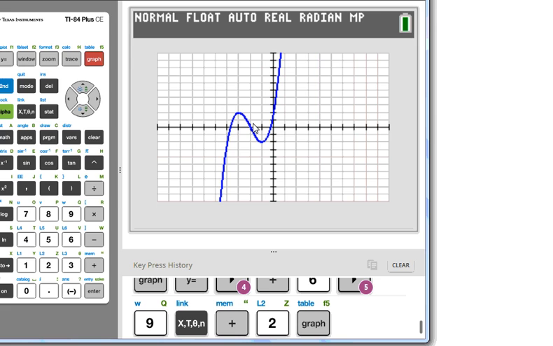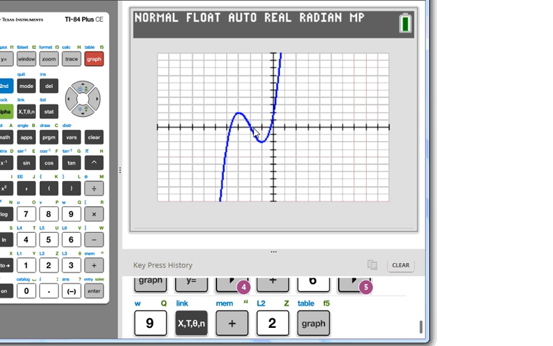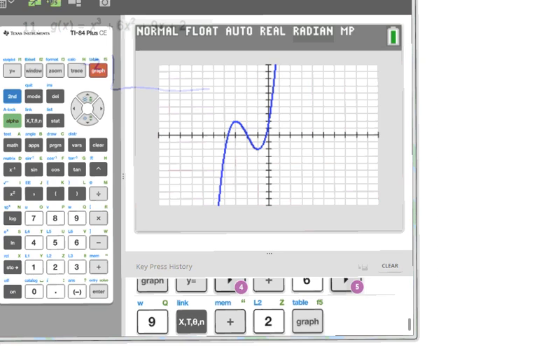We have a 0 here at negative 2. So we come out here at negative 2. Let's see what that looks like at negative 2. It looks like a multiplicity of 1.